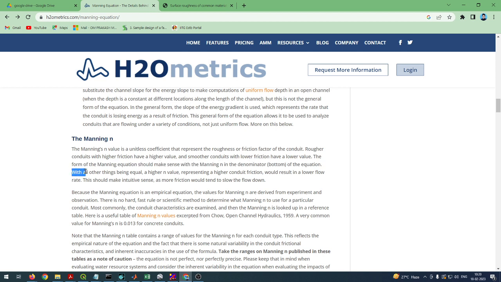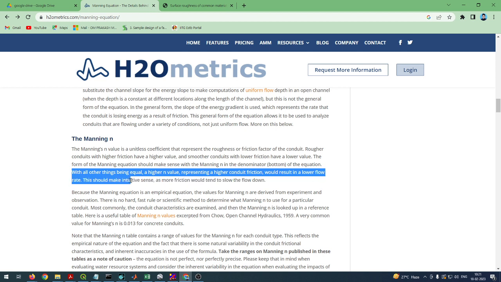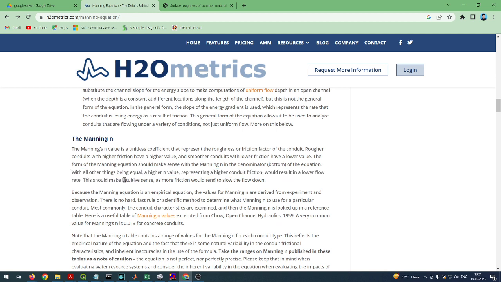With all other things being equal, a higher n value, representing a higher conduit friction, would result in a lower flow rate. This should make intuitive sense, as more friction would tend to slow the flow down.